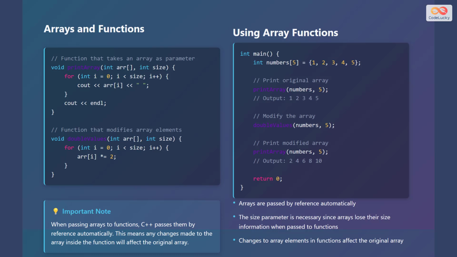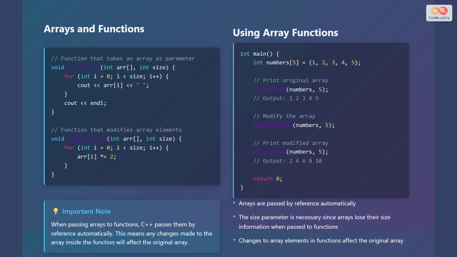The function printArray takes an integer array and its size as parameters and prints each element of the array. The function doubleValues takes an integer array and its size as parameters and multiplies each element of the array by 2. When passing arrays to functions, C++ passes them by reference automatically. This means that any changes made to the array inside the function will affect the original array.